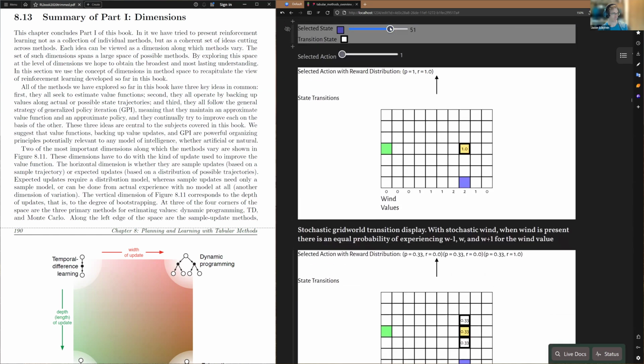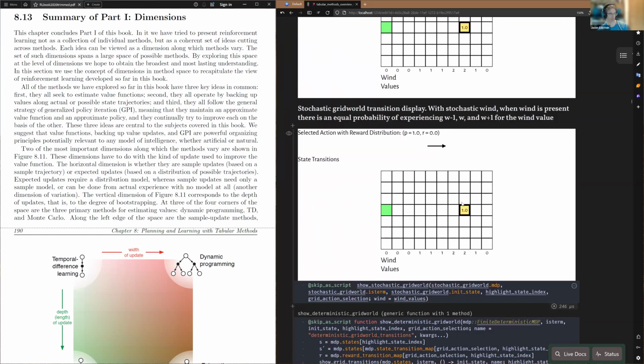Also, because this golden square is the goal state, you can't transition out of it. If I change the action, all of these transitions end up here and there's no reward. That's true of the stochastic MDP as well.